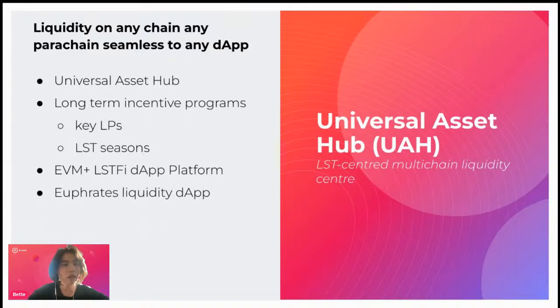And then EVM Plus LSDFi, that platform is also there, and folks are building on top of it. As I mentioned, Euphorias is one of the first few launching soon, and there will be more coming. Without naming names, there will be compliant and institution-grade products based on LDOT coming.